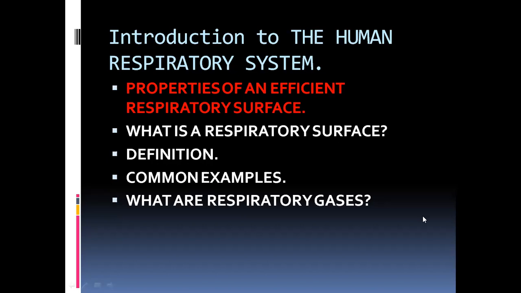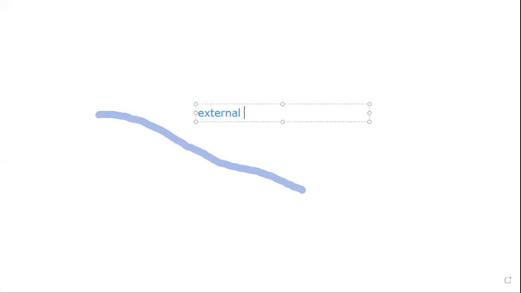Now, what a respiratory surface actually is: a respiratory surface is any surface of a living body which is exposed to the external environment. We can say that this is the external environment, and on the other side is the living body, the environment of the organism.